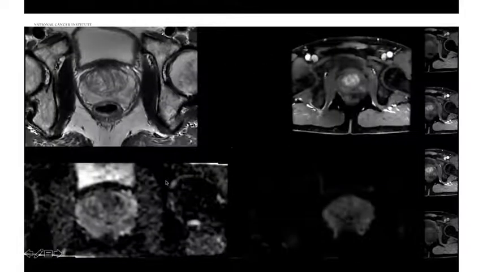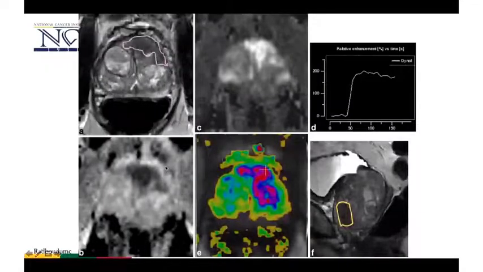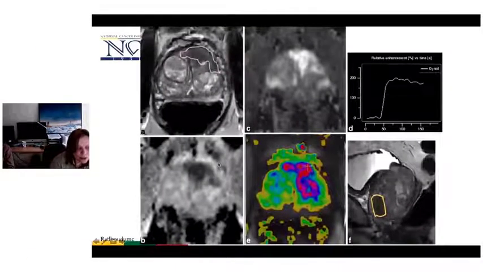Sometimes there could be benign nodes, and sometimes we can depict some focus, for example in the left peripheral zone, like here. And if it corresponds on ADC and T2, then it could be suspicious.